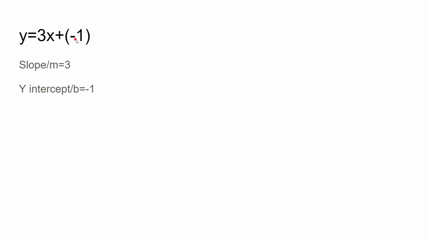So here it can be minus 1, but I wrote it as plus negative 1, since sometimes it is easy to get confused and ignore the negative and say that the y-intercept is just positive 1, and you would be wrong.